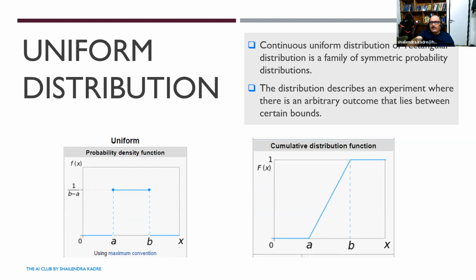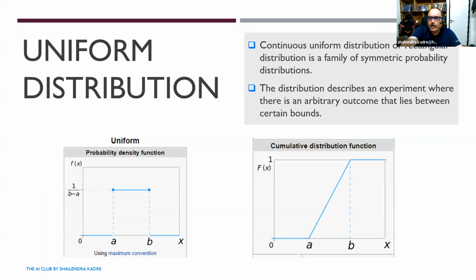Linearly it is increasing. Up to A it is 0 because we are not considering it. At A it is 0 and at B it is 1 because the total area under the probability curve is always 1. We know that, right? So as I increase from A to B, my cumulative probability will increase from 0 to 1. I can see it's a straight line here.